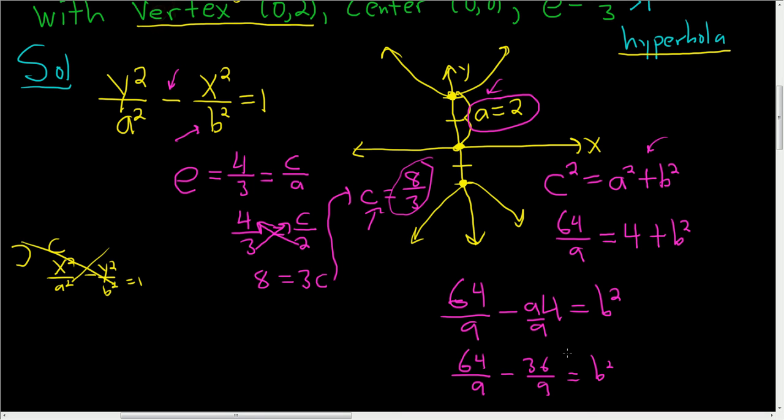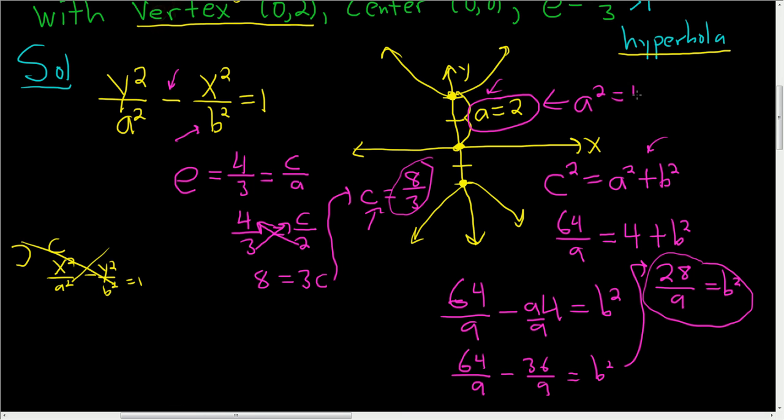I'm using my calculator to subtract because I don't want to mess up. I suppose you could do it in your head. This is 28 over 9, and that's equal to b squared. 64 minus 36 is 28. And now we have b squared, it's 28 over 9. We have a. a is 2, so a squared is 4.